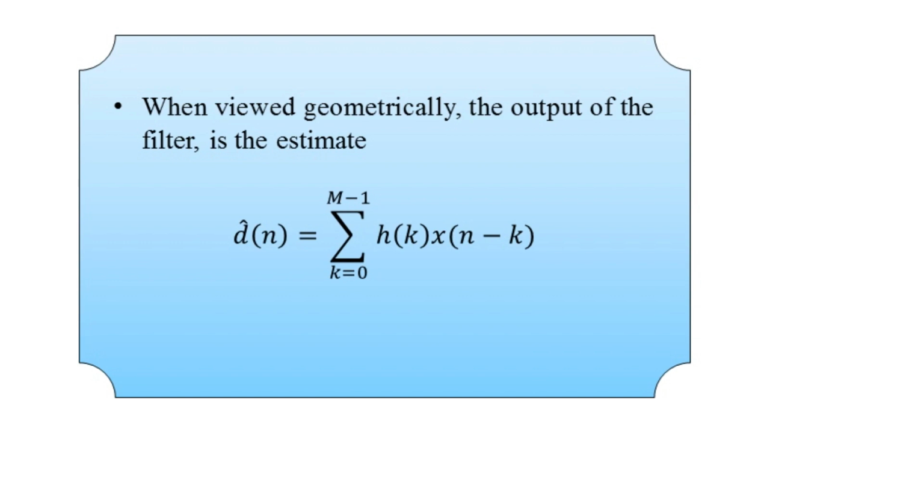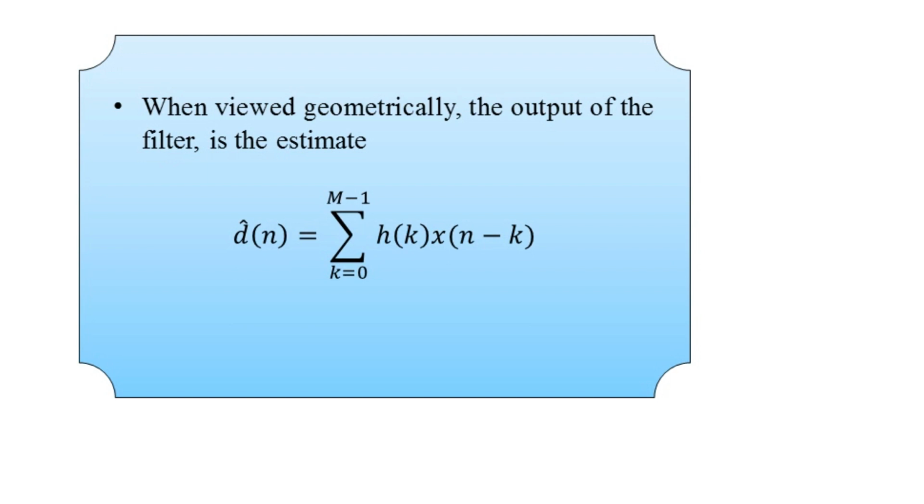It is a vector quantity in the subspace spanned by the data x of k, for k greater than or equal to 0 but less than or equal to capital M minus 1. This is the estimate we have shown with d cap of n.